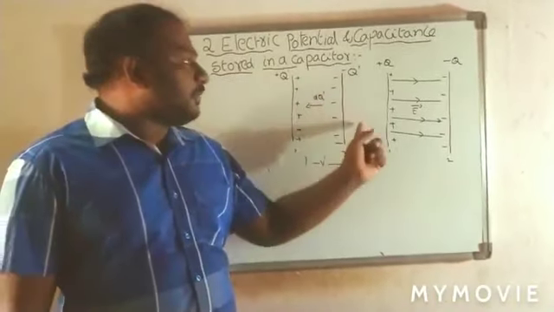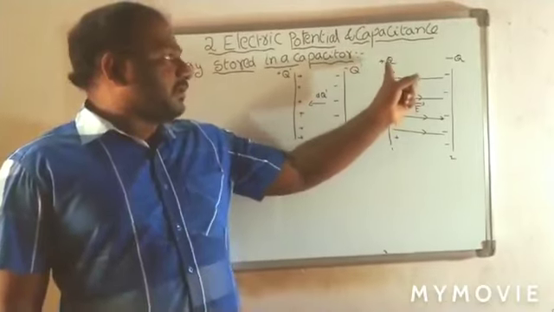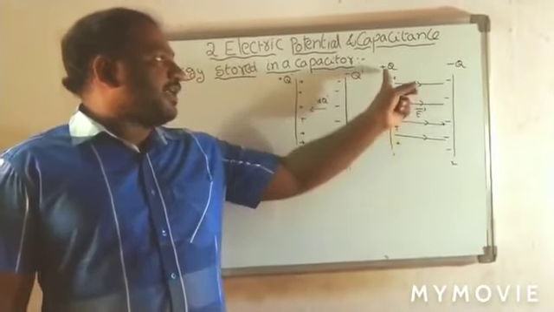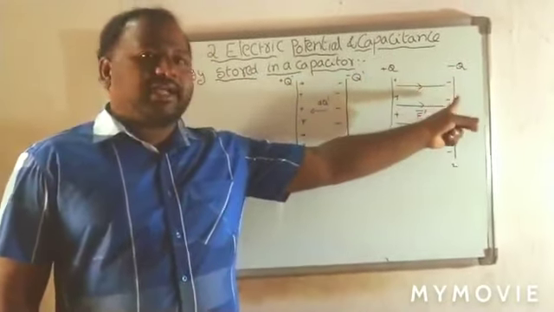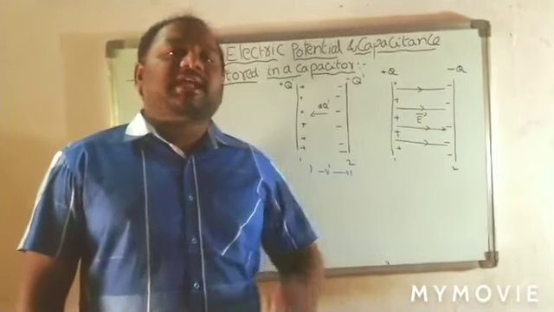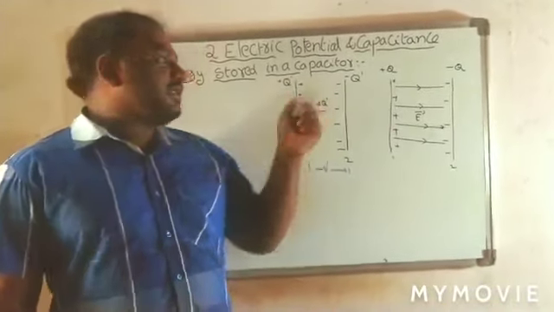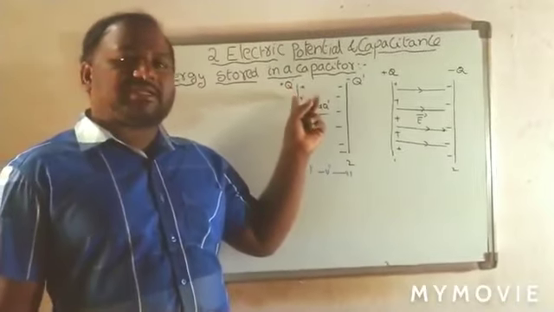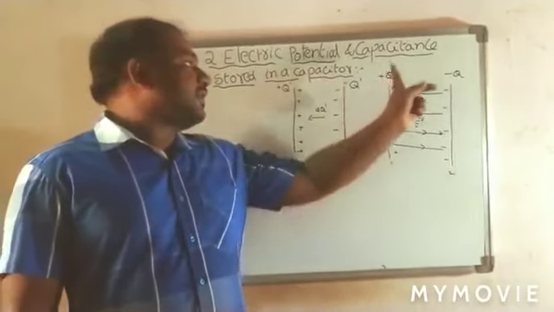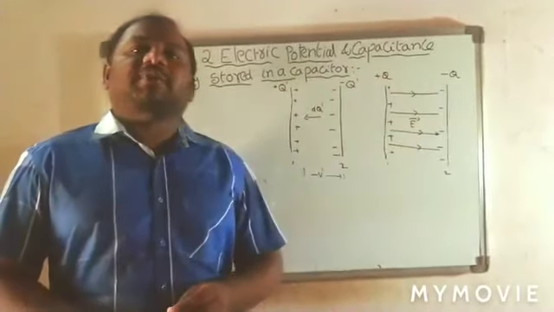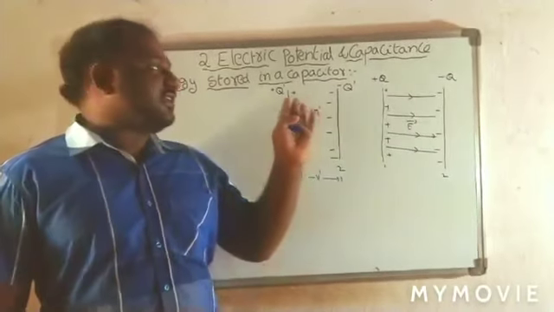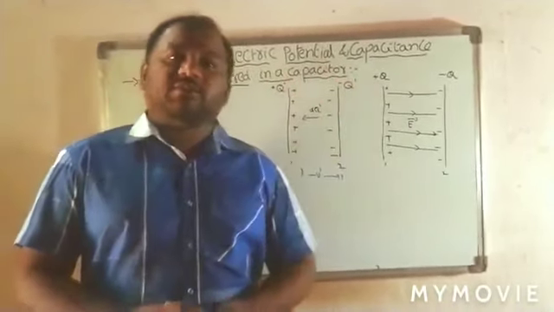This continues until the charge on the positive plate becomes plus q and on the negative plate becomes minus q. So here I do certain work to change the charge from plus q dash to plus q. How much energy do we store when the charge changes from plus q dash to plus q?